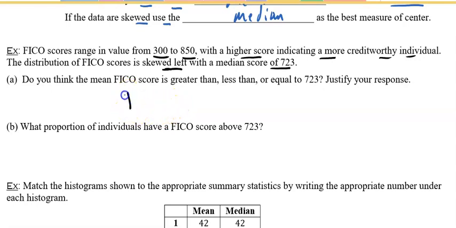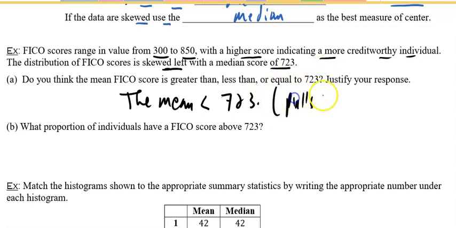I think, it's skewed to the left. The mean is less than 723 because it pulls towards the tail.